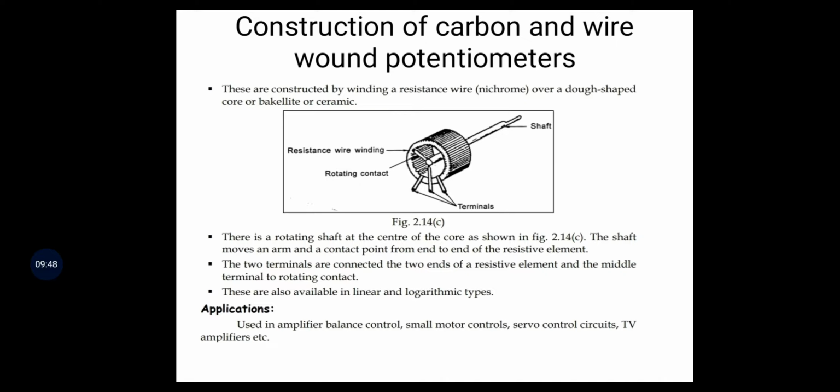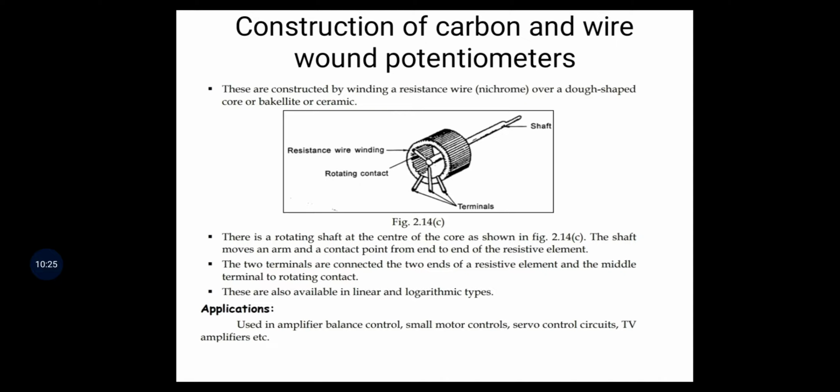If the shaft is moving, the contact is rotating, and then the resistance of the potentiometer also varies. The two terminals are connected to the two ends of the resistive element, and the middle terminal to the rotating contact.